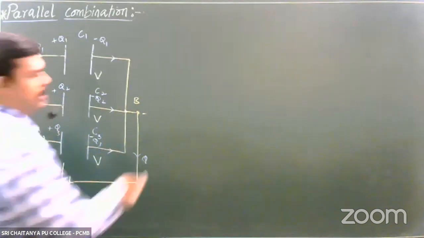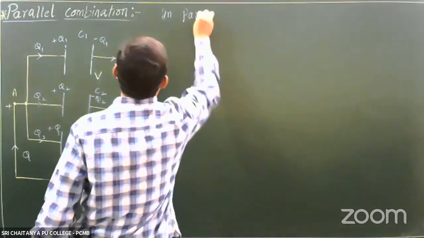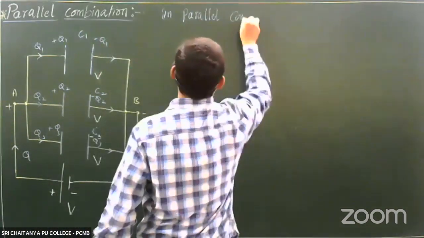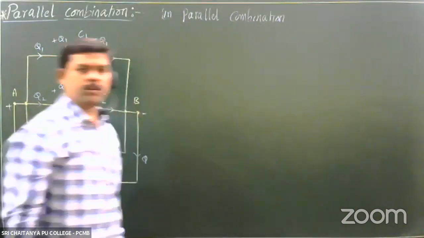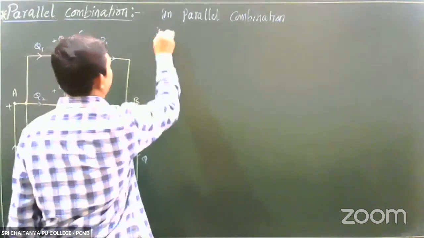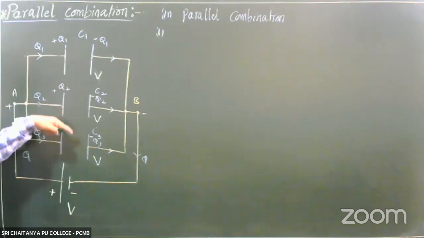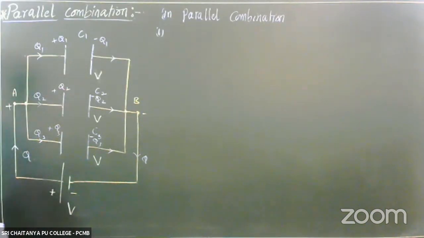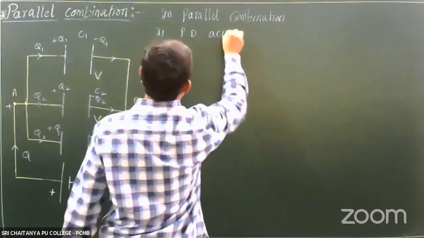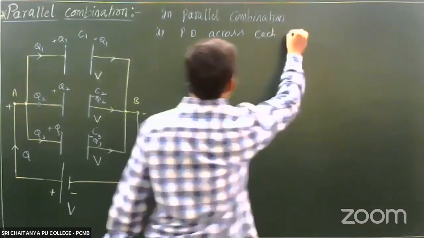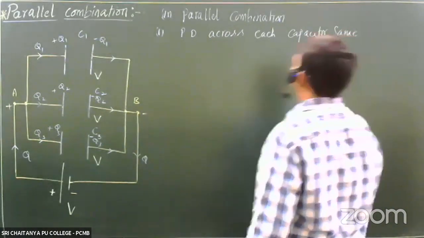What are the points to remember in parallel combination? In parallel combination, the first point is: the potential difference across the plates of each capacitor is the same.